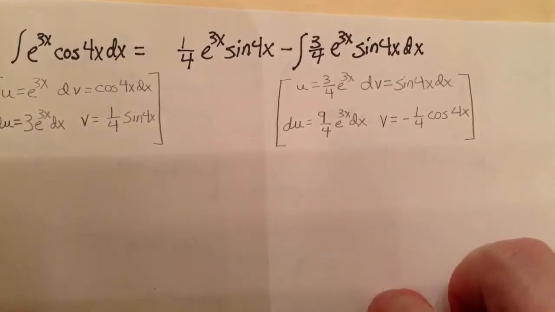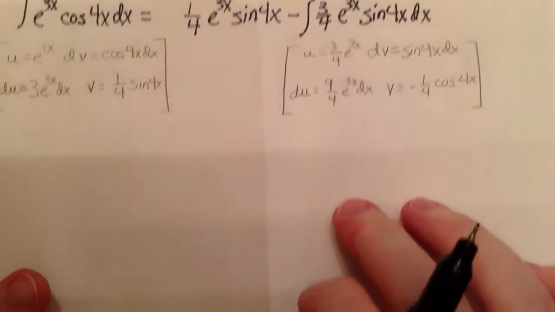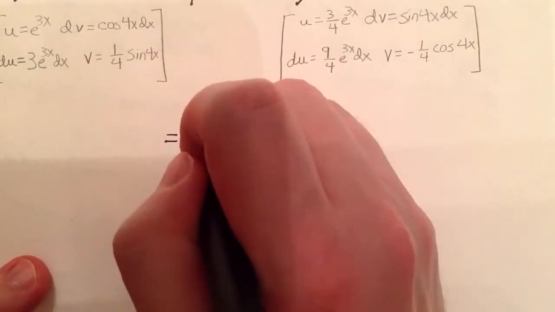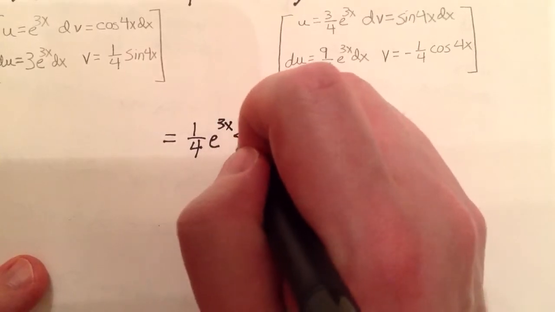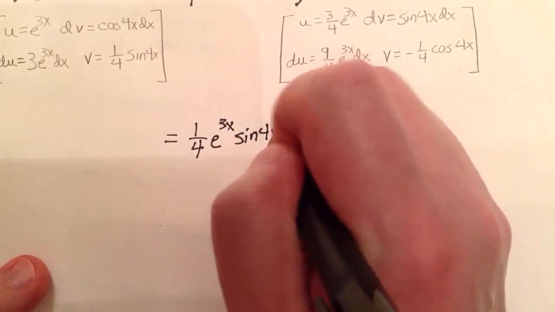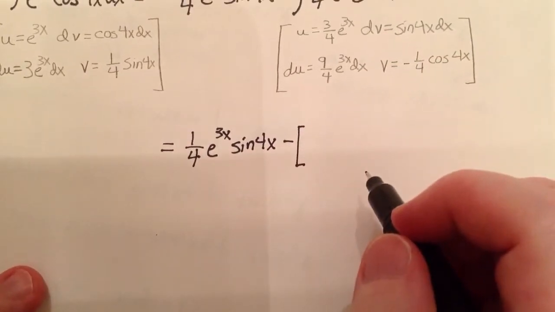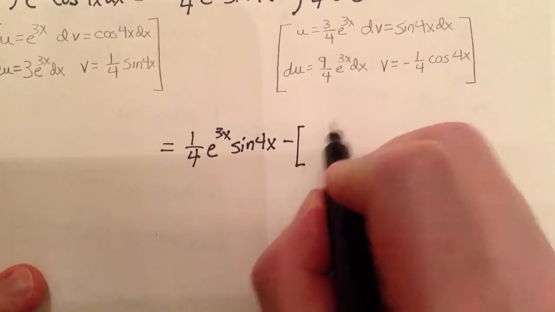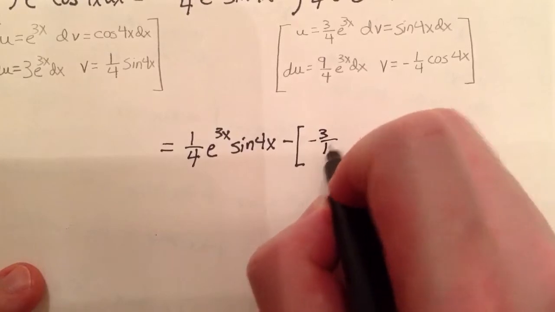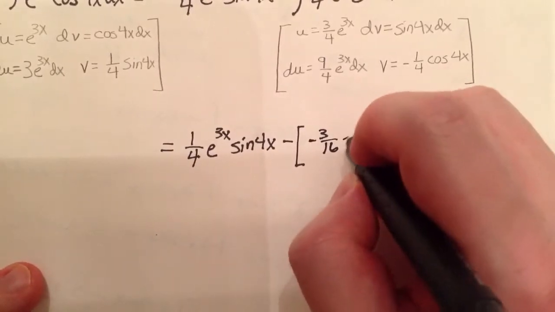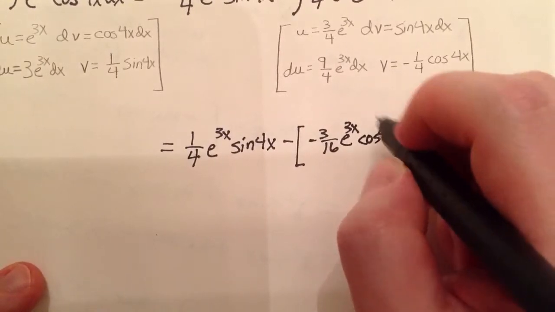And so in carrying out what we have, again the first antiderivative is 1/4 of e to the 3x times the sine of 4x. Then we have distributing subtraction. Over u times v, we have 3/4 times negative 1/4, which will be negative 3/16 times e to the 3x times the cosine of 4x.